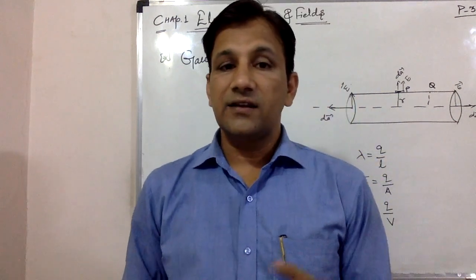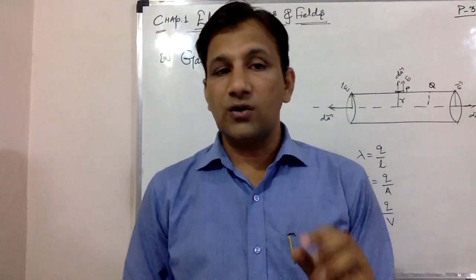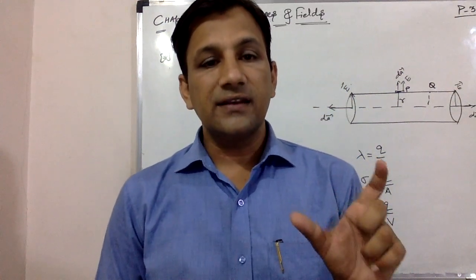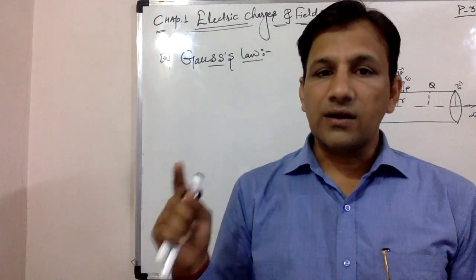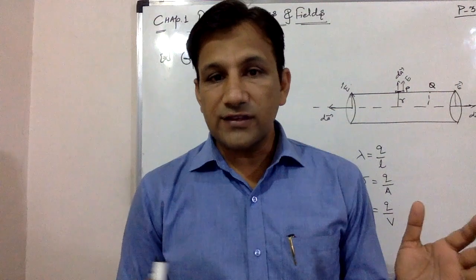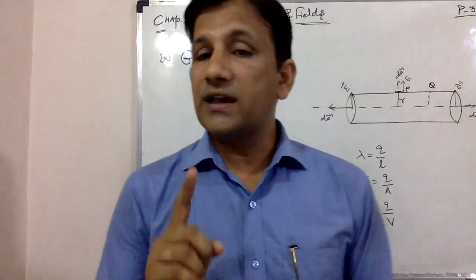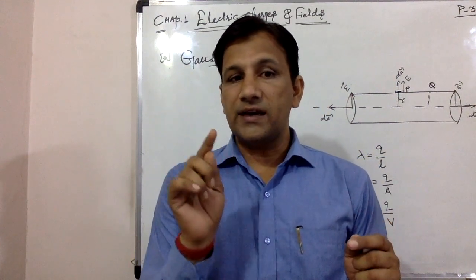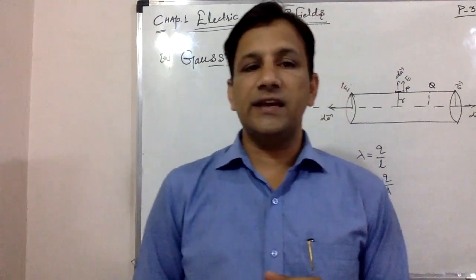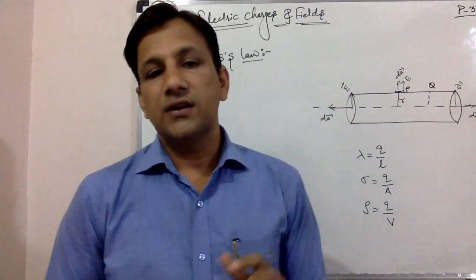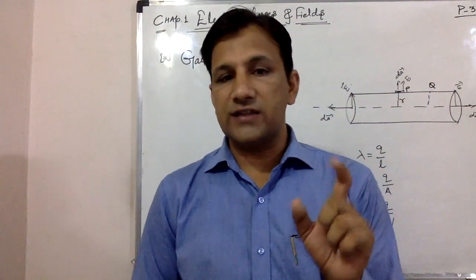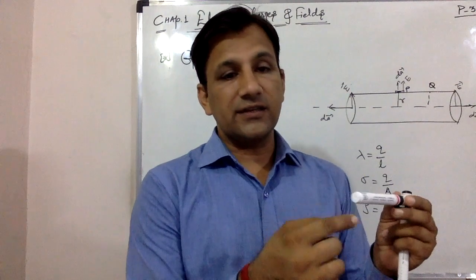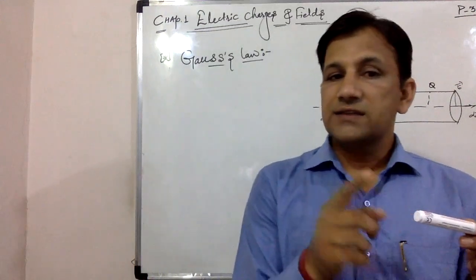We have an infinite wire, and in its place we consider this. If I take length l, the curved surface area of this cylinder is 2 pi r l, and the cross-section area is pi r squared.